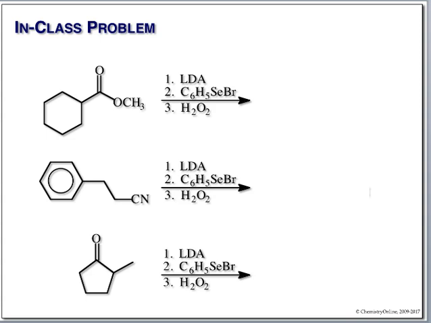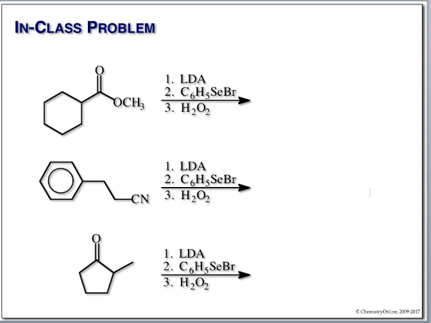So what you're doing here, step one, you're going to look and identify the carbon that's going to form the enolate anion. That is going to react with the selenium. Then the beta carbon, when we do the peroxide workup, is going to lose the hydrogen, you lose the selenium, and you make your alkene.